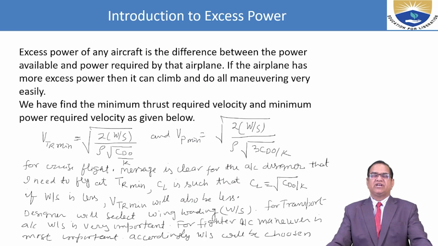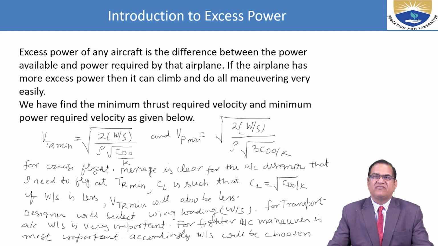So, introduction to excess power. Excess power of any aircraft is the difference between the power available and the power required by the airplane. If the airplane has more excess power, then it can climb and do all maneuvering very easily.